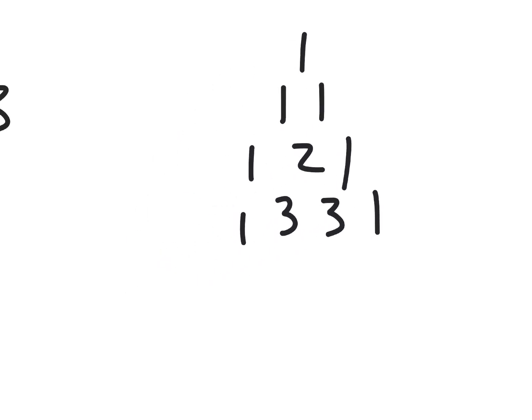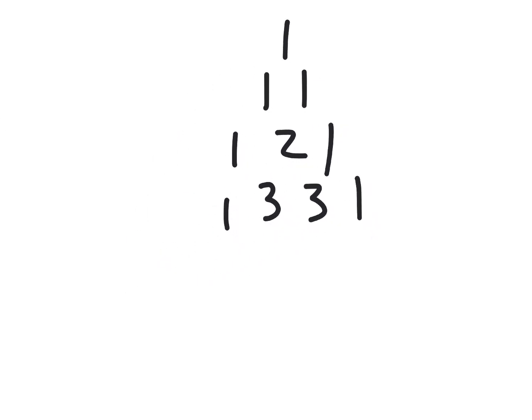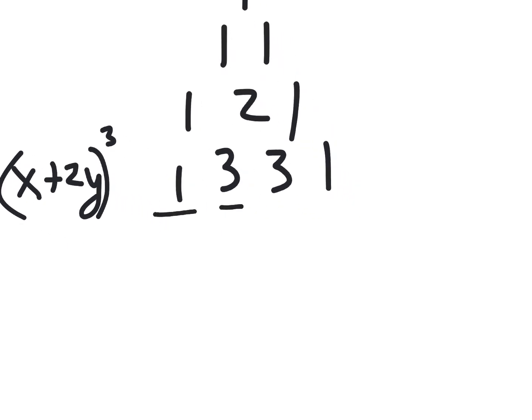So after, underneath this one? Then 1 and 1. Yep. Then 1, 2, 1. Yep. Then 1, 3, 3, 1. Perfect. And that would be like doing x plus 2y to the third. Everybody use those coefficients you just made and tell me what x plus 2y to the third is.